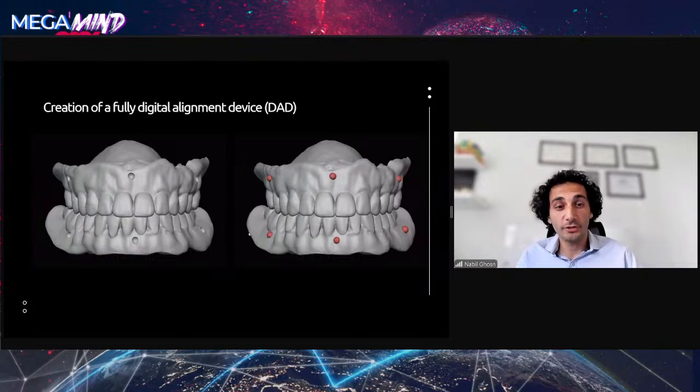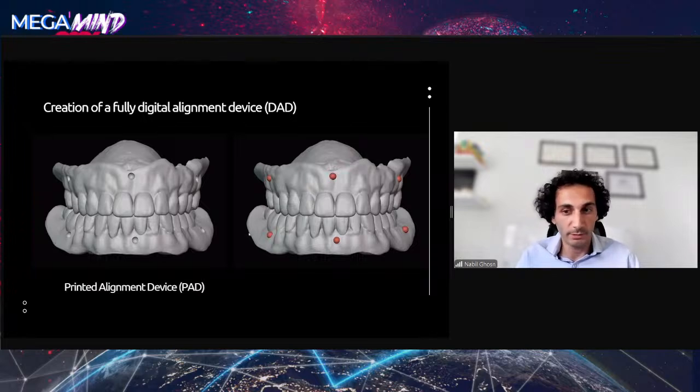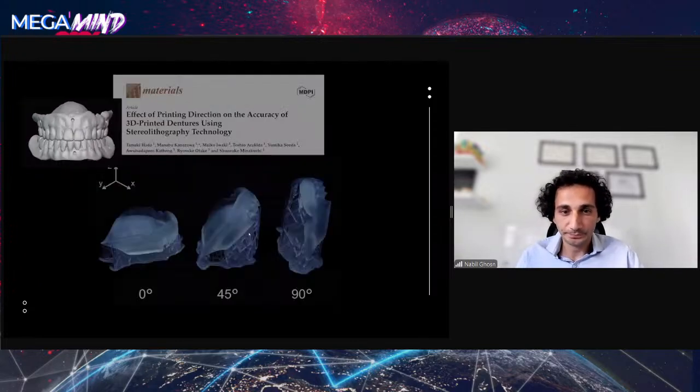And based on this digital design, we can modify it in a way to have a place for the radio-opaque markers to be inserted inside it. Like this, we will have two models. The first one is the printed alignment device, or the PAD, the device that we will print physically. And the other one is the DAD, the digital alignment device that we will use inside the software for the superimposition because it already holds those markers.